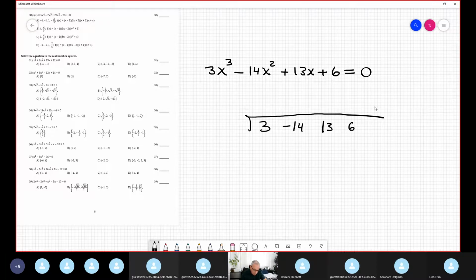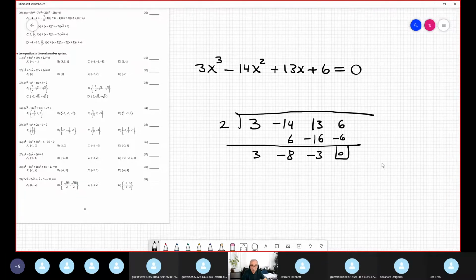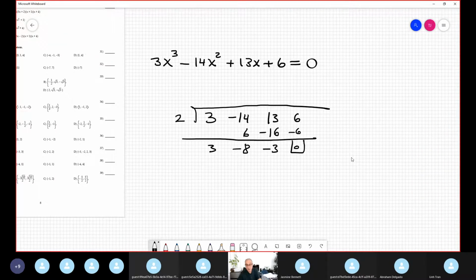So I saw 2, 3, and negative 1/3. I suppose 2 is easy. Bring down 3, 6, negative 8, negative 16, 8 times 2. Now it's negative 3, and negative 3 times 2 is negative 6. Excellent. Therefore, the factor is x minus 2. Remember, in the factor version it's the opposite sign, but in the zero version it's the same.